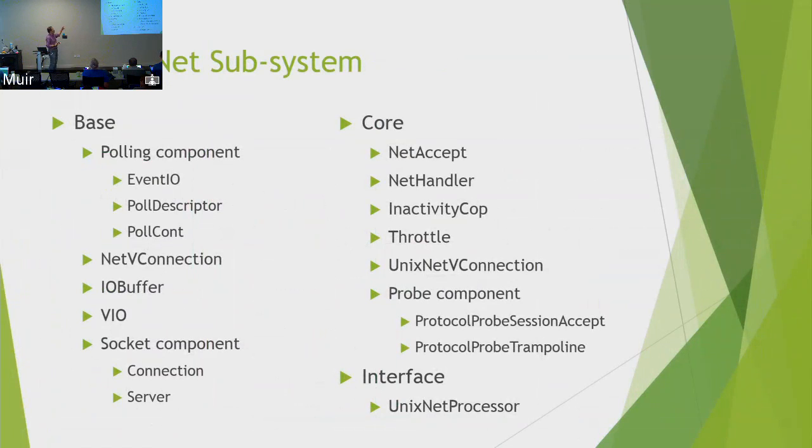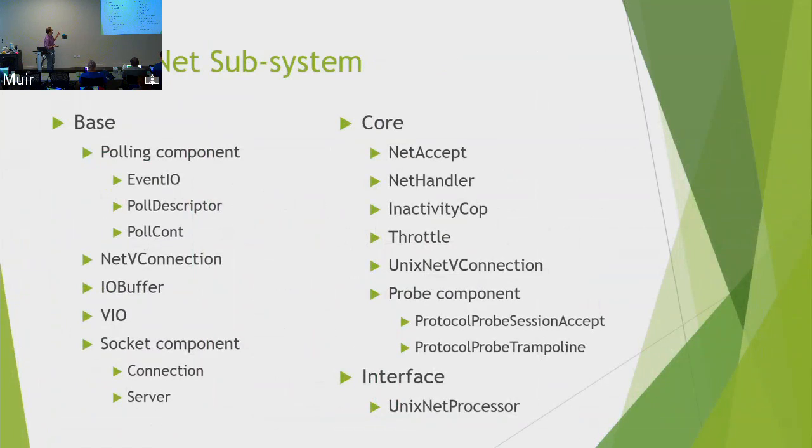Basically, the base part includes the polling components, which include epoll and FreeBSD kqueue, and sorry, I don't know the port polling. The UnixNet IO, the port description, and the port count serve the polling components.